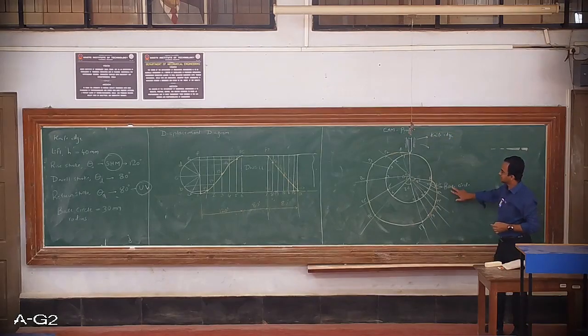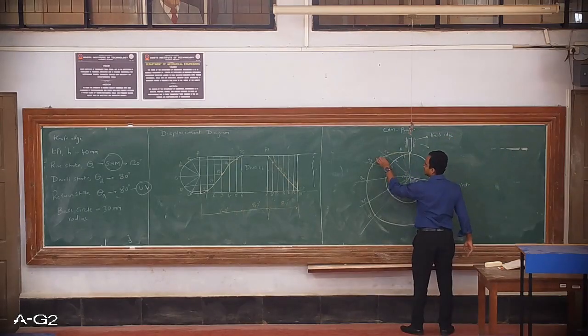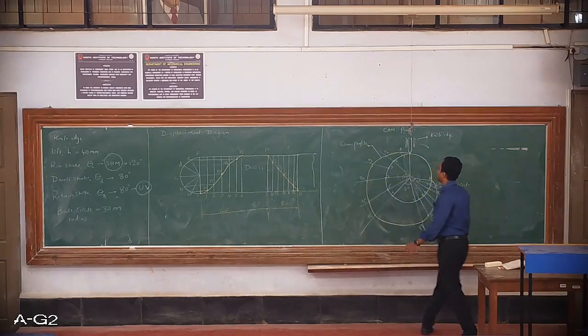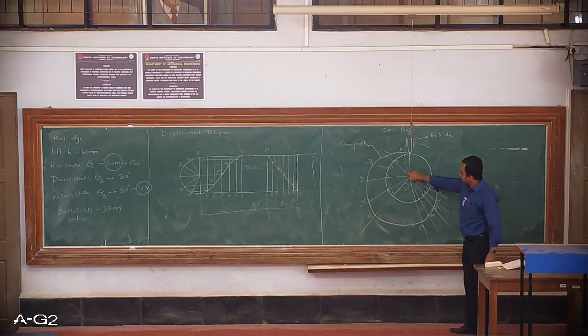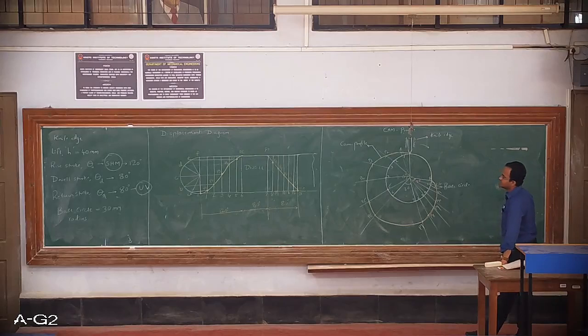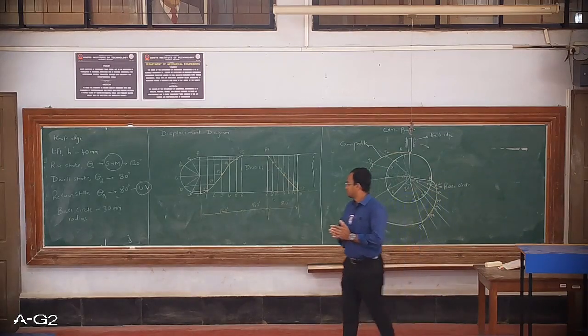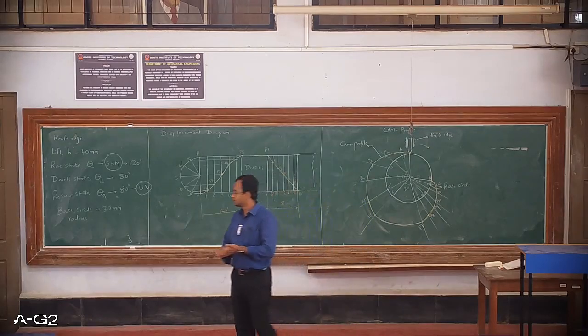This is the base circle, and this orange line is known as the cam profile. See? So already I have shown rise stroke 120 degrees, dwell at 80 degrees, and return as 80 degrees. Okay. So this will complete the problem, which could possibly be asked for 20 marks.